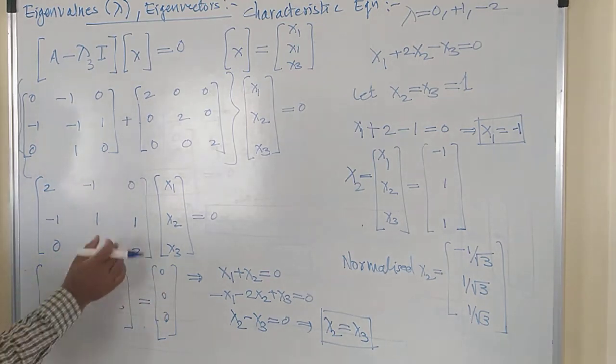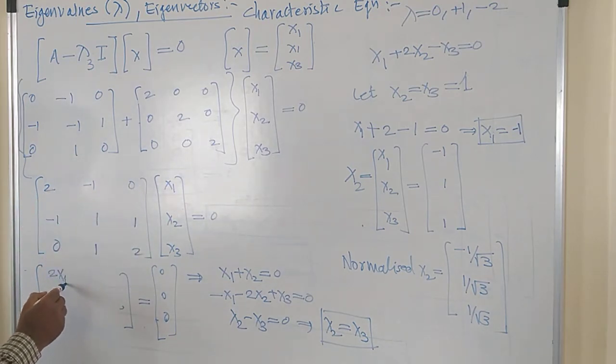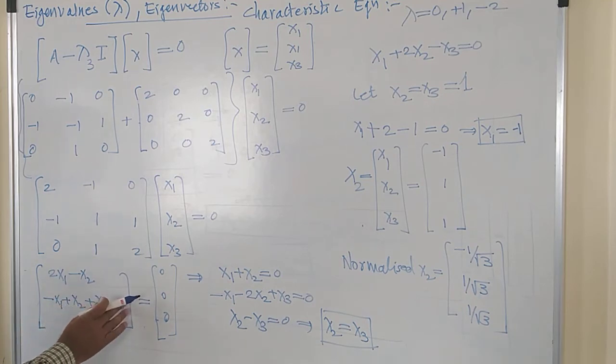Then you can write the eigenvector equations here. The eigenvector equations will be 2x1 minus x2 equals 0. The second is minus x1 plus x2 plus x3 equals 0, and x2 plus 2x3 equals 0.